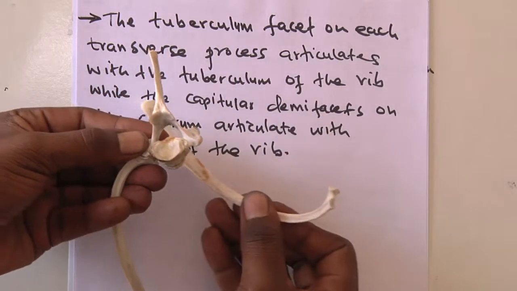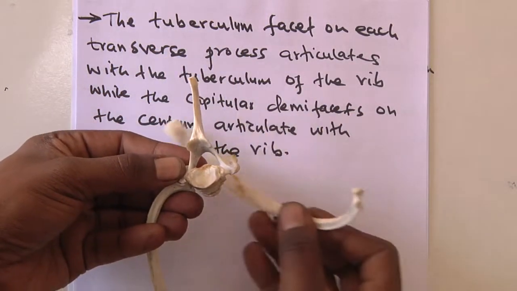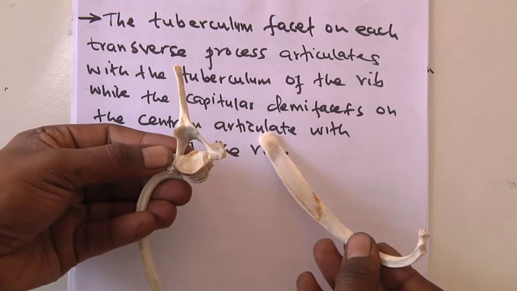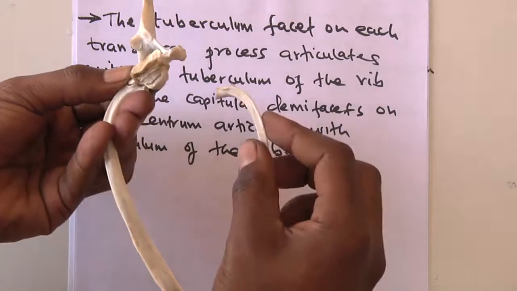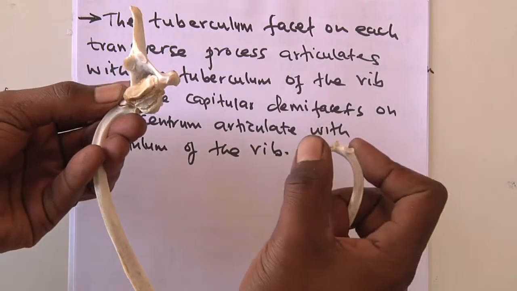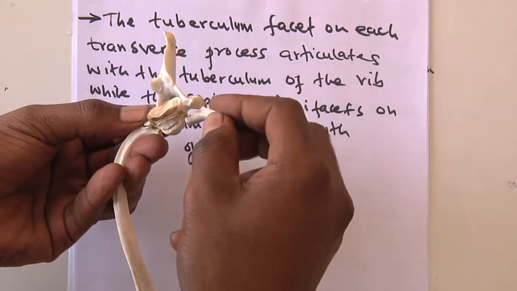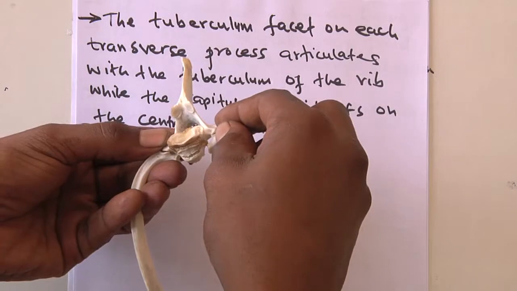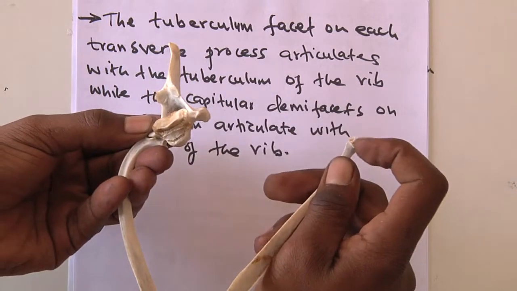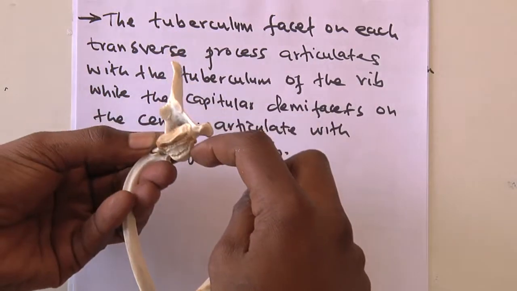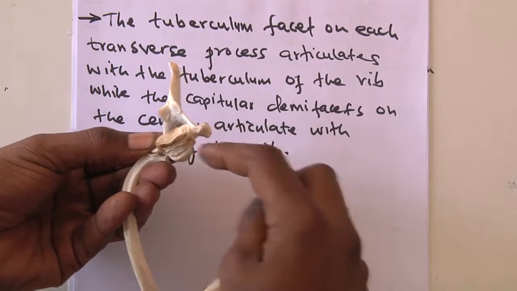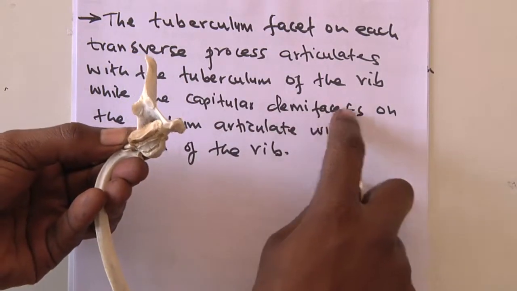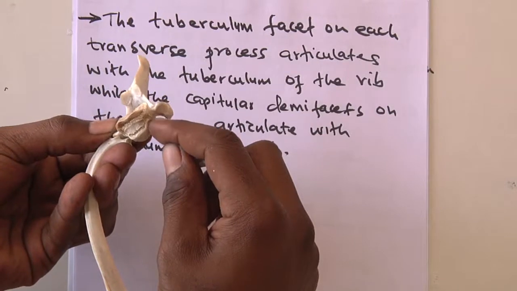Then the capitulum demifacets on the centrum articulate with the capitulum of the ribs. This is the capitulum, this part on the centrum. You can be able to see this rib is being fixed there. Then this particular part is getting fixed onto the centrum. So the capitular demifacets on the centrum, they are here.